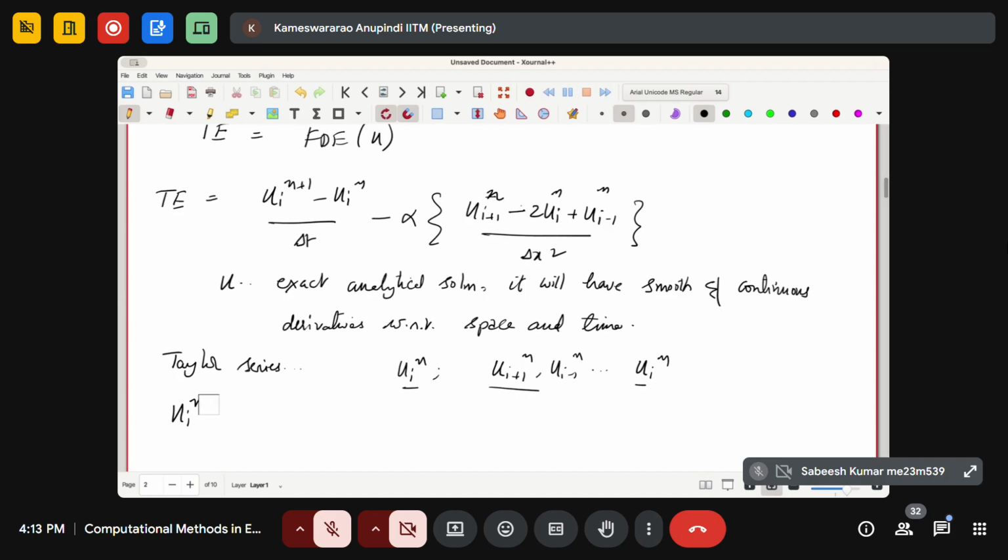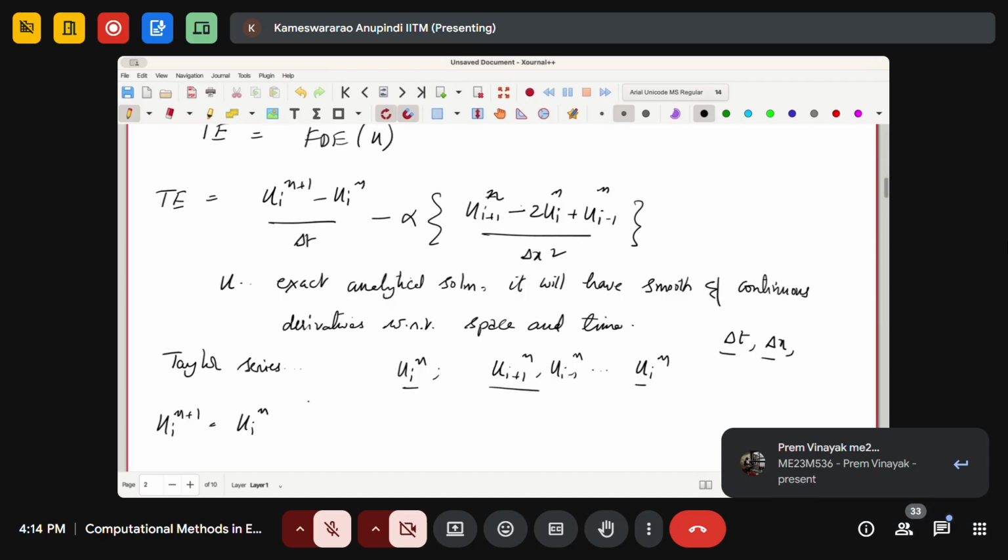So for that, I'm going to use Taylor series expansion and then write this as u_i^(n+1). Now I'm expanding about u_i^n. And then we realize that we are now expanding not about space, but about time. So as a result, let us take delta t as the time step between n and n plus 1, and similarly, delta x is the spatial difference.